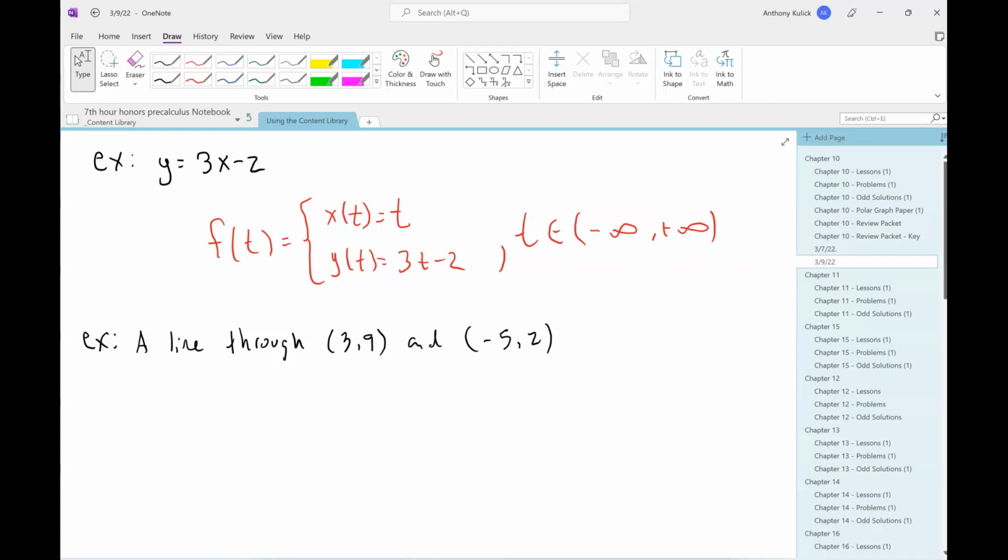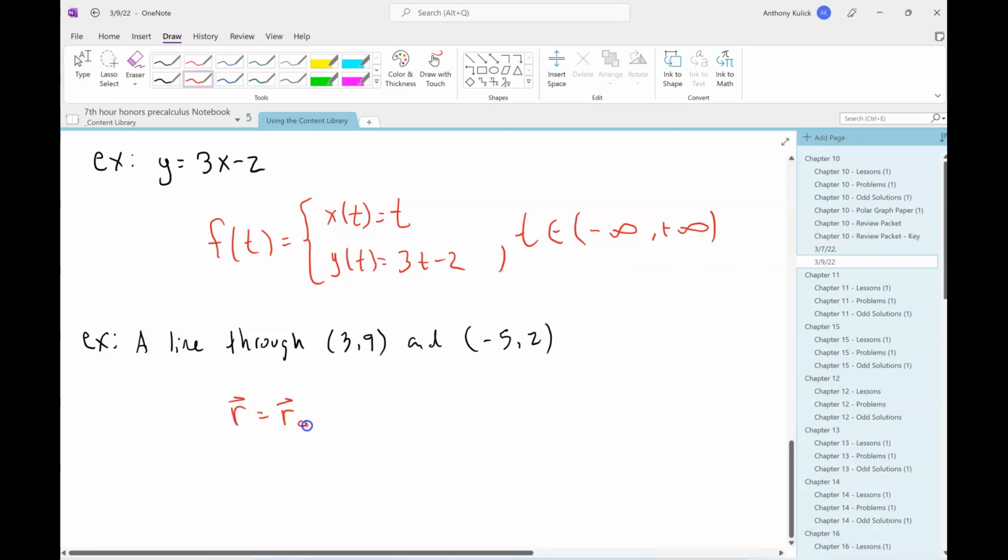Well, we could do the obvious thing: calculate the slope using those 2 points, write the y equals mx plus b equation for the line, and do what we did before in the previous example. Could do that. Is there an easier, sneakier way? Mr. Kulik thinks so.